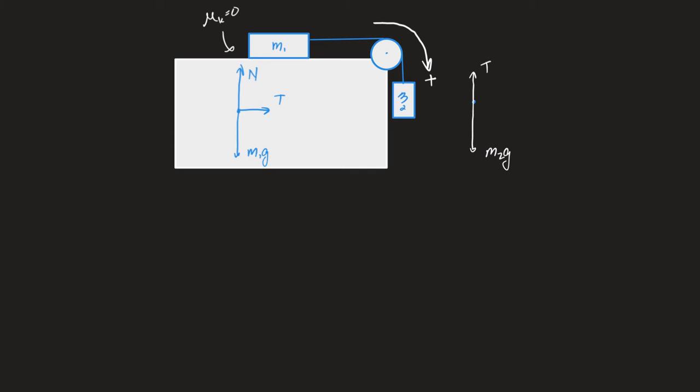By making this decision, I am saying that anything that points to the right on this object is in the positive direction, and anything that points downwards on this object is in the positive direction. And this is the part that's important. I am intentionally deciding the positive direction for acceleration. That's an intentional decision. So even if I don't know what the actual direction of the acceleration is, I am making an intentional direction here.